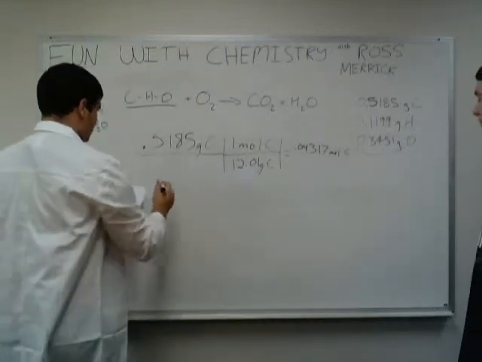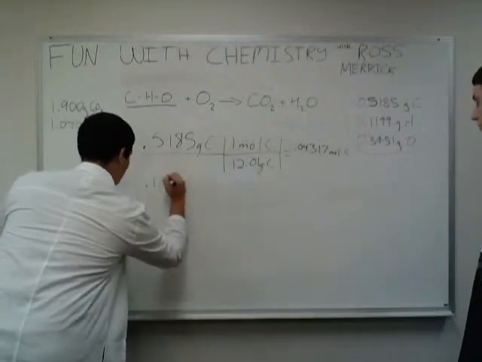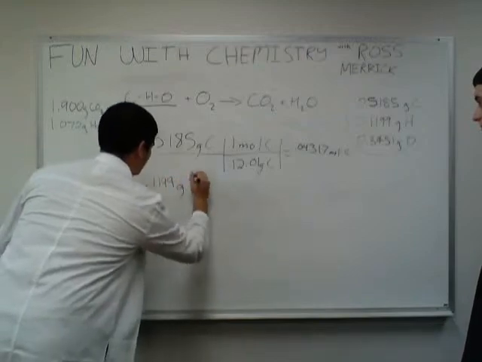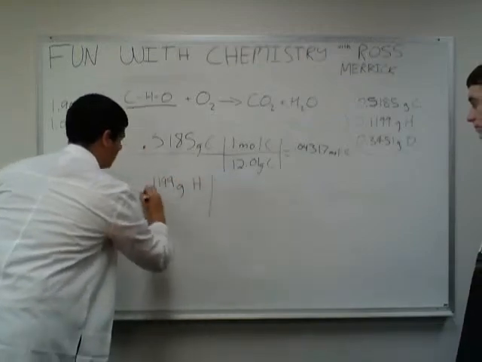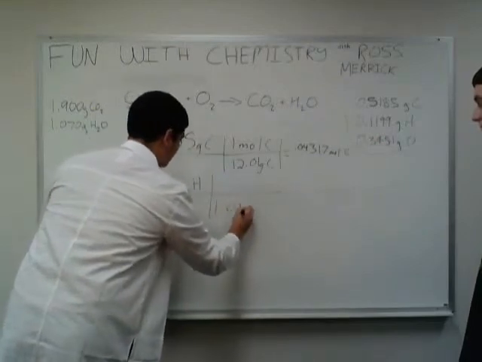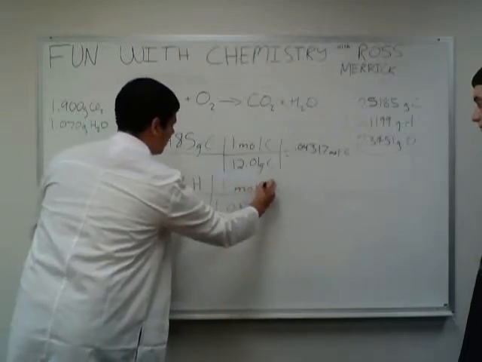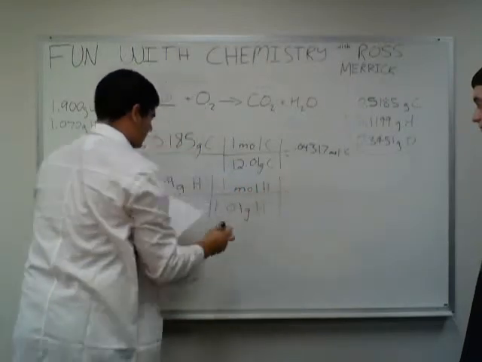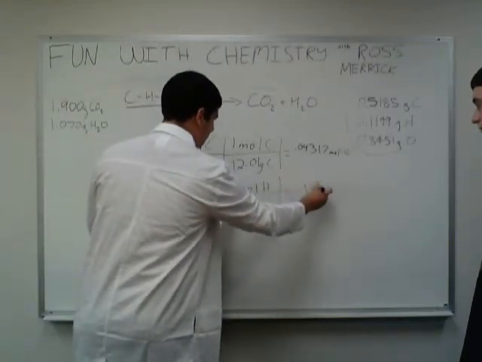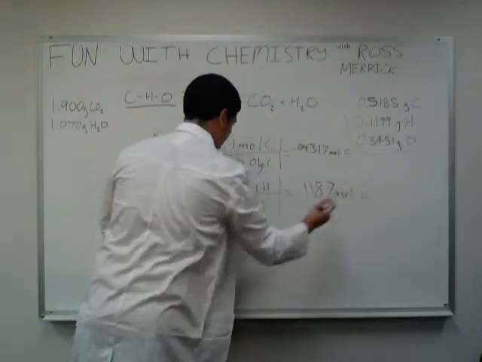Next, let's move on to hydrogen. We have 0.1199 grams of hydrogen, and we know from our periodic table that there is 1.01 grams of hydrogen per 1 mole of hydrogen, and that gives us an answer of 0.1187 moles of hydrogen.